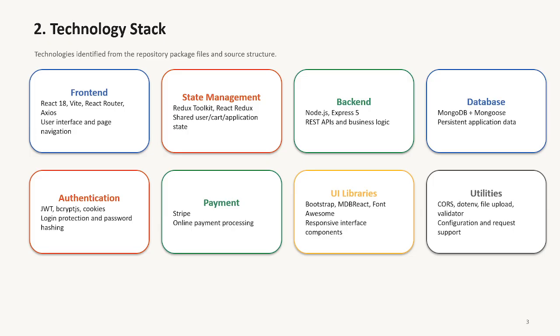Bcrypt encrypts passwords before storing them in MongoDB. This improves application security. Finally, online payment is processed using Stripe. Stripe securely handles debit card, credit card and online payment. All these technologies work together to create a complete MERN Stack application.